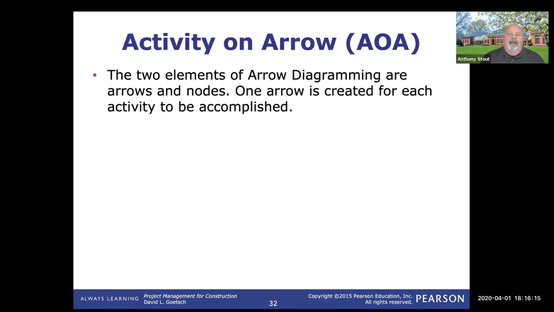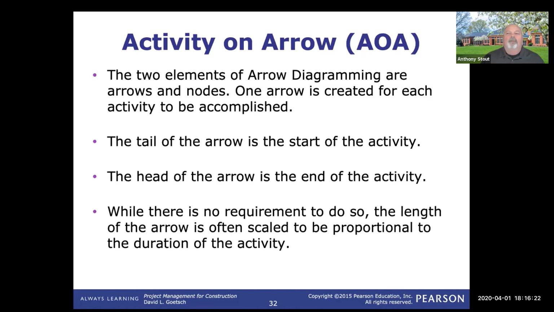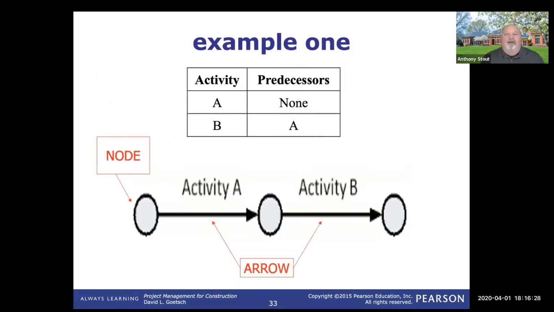All right, arrows, nodes, we're going to look at this, and I want to get to what it may look like. So if I had just a very simple AOA diagram, it might look like this.